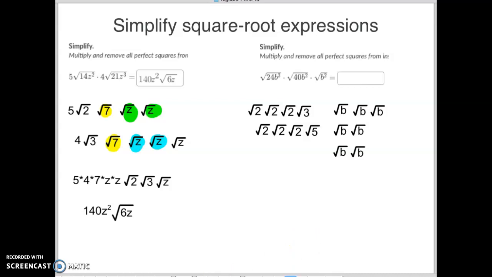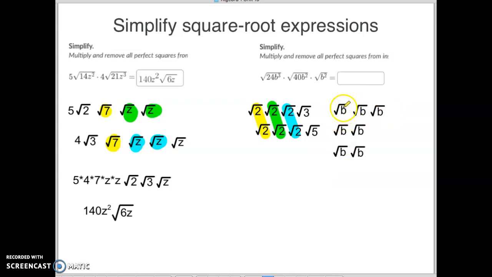Now, let's put this together. You might notice, and I don't care how you put these together, I've got 2 square roots of 2 there, 2 square roots of 2 there, and 2 square roots of 2 there. All 3 of these line up exactly. And then I've got a 3 and a 5, which do not line up. Then I've got the b's.